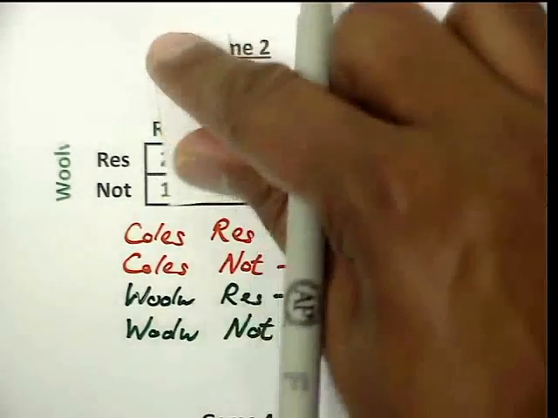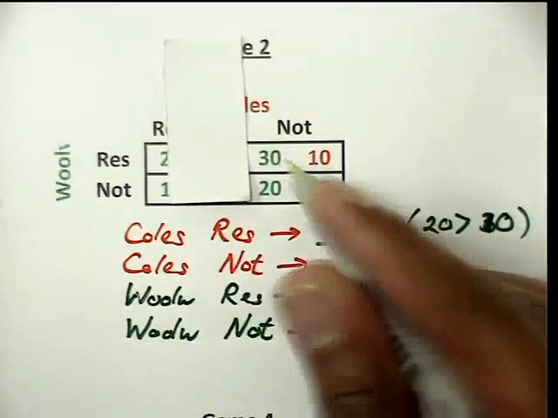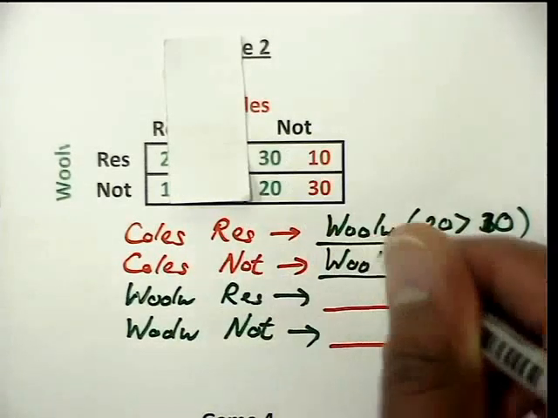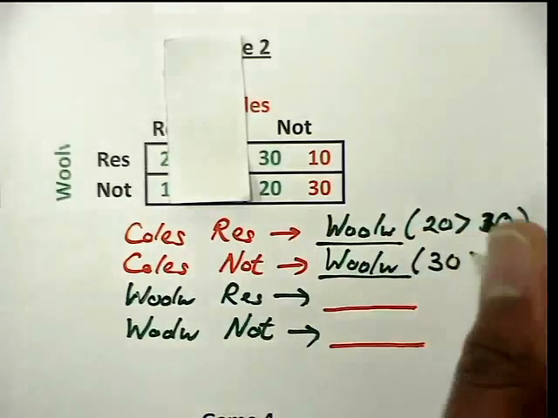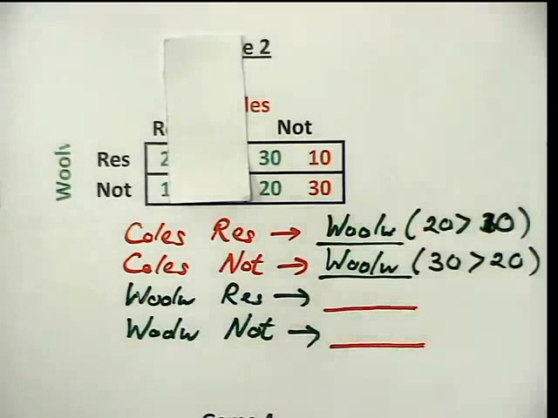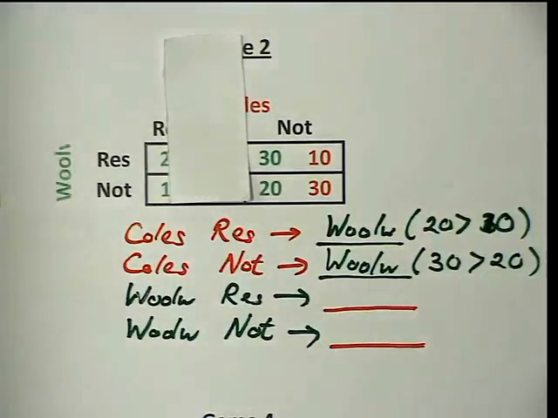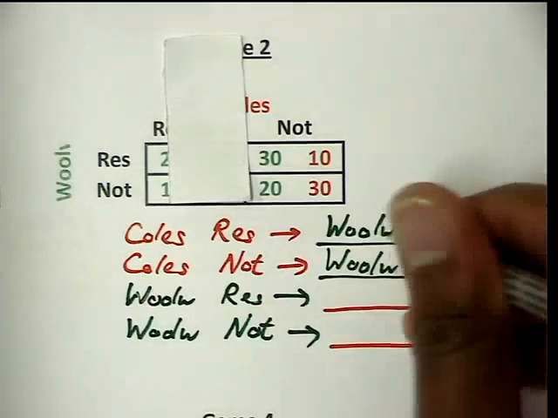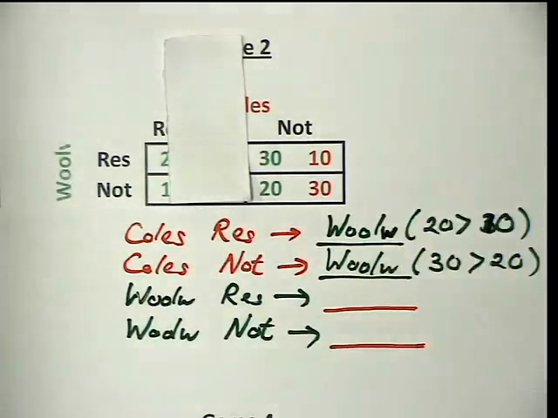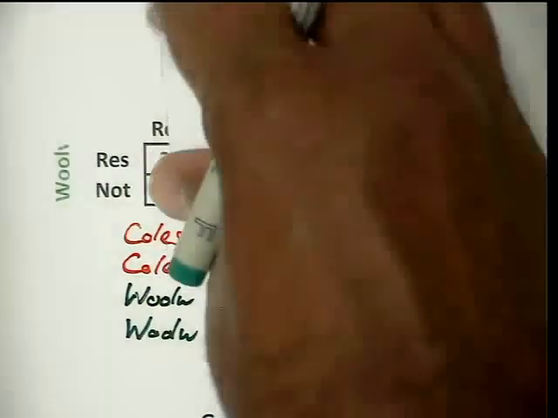If Coles does not research, Woolworths will choose research because 30 is more than 20. Does Woolworths have a dominant strategy? Yes. Woolworths has a dominant strategy to conduct research because the strategy is the same.